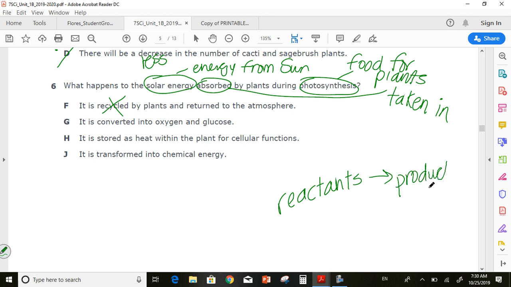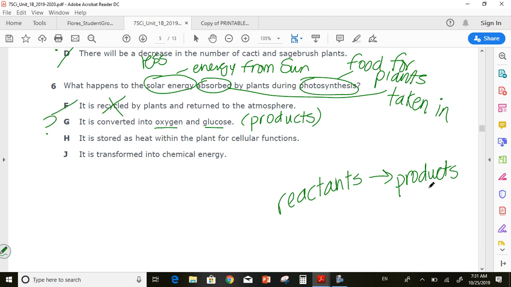When those reactants react, they make a product. Letter G says it is converted into oxygen and glucose. And oxygen and glucose are the products of photosynthesis. So that's your question mark.